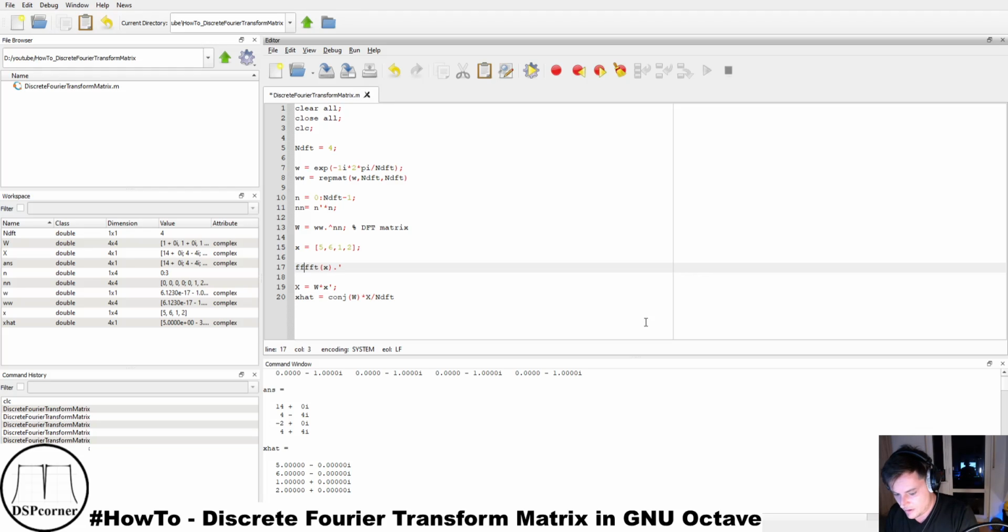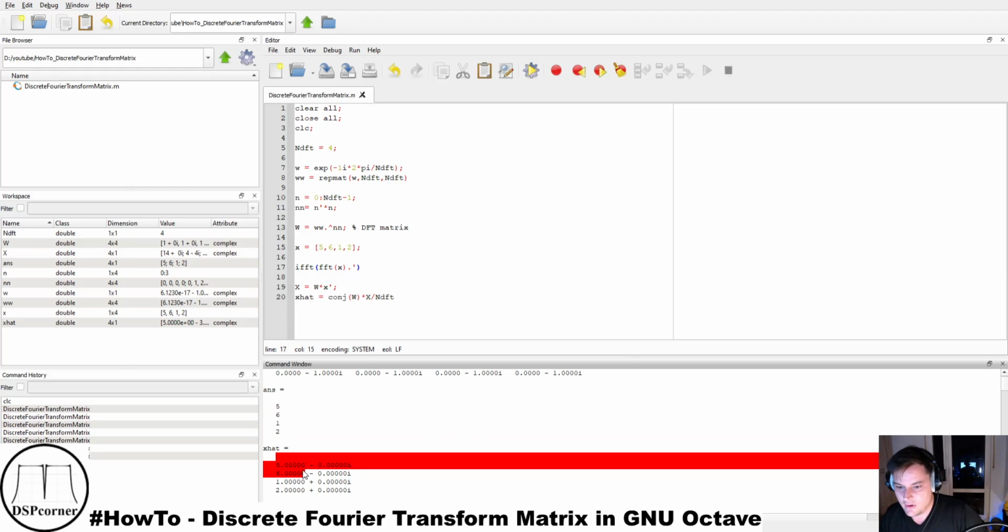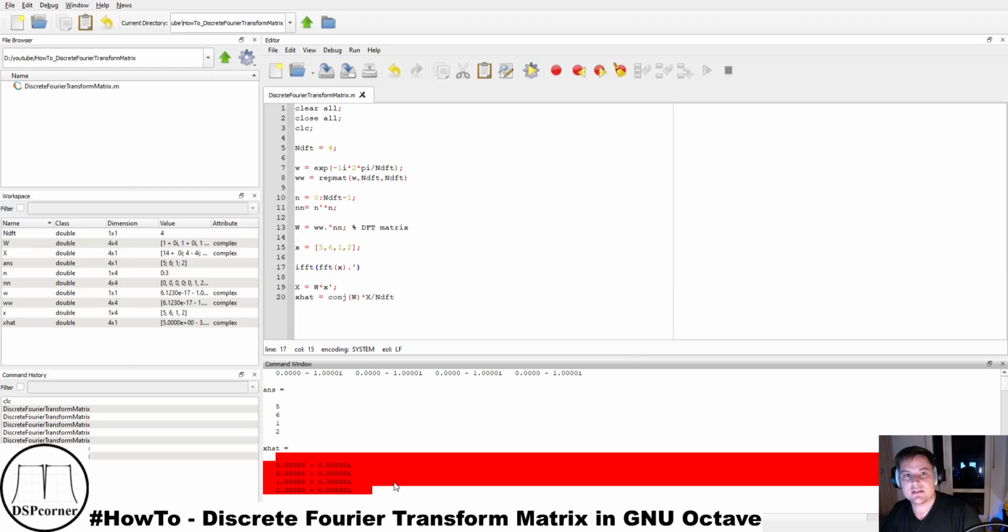Again, here we can also verify it by calculating the IFFT of the FFT, and then our original signal should be there. And here it is, 5, 6, 1, 2, and our solution using the matrix notation, 5, 6, 1, 2.